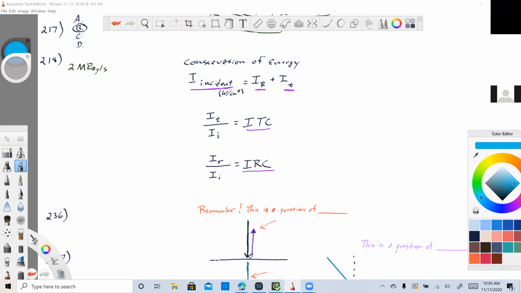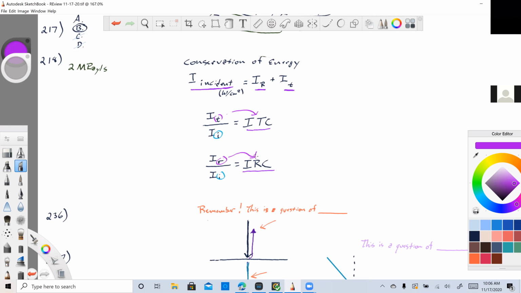So for both of these, incident is on the bottom. Transmitted goes to transmitted, reflected to reflected, so if you want to memorize those. Now these are basically the equations.